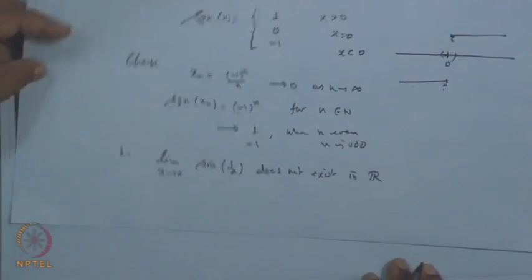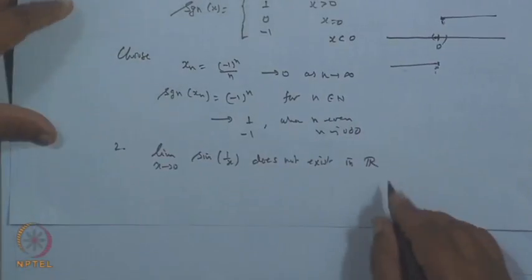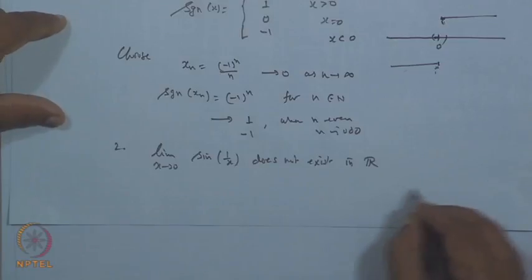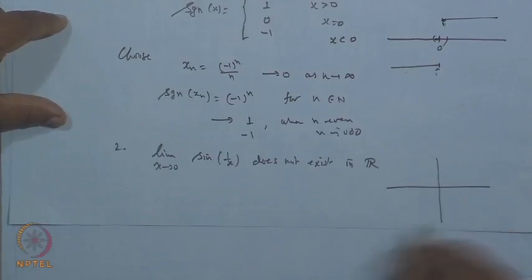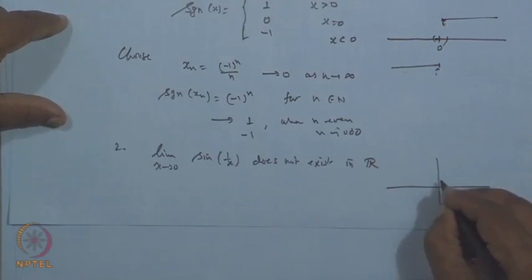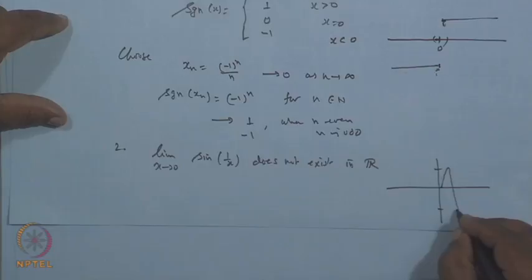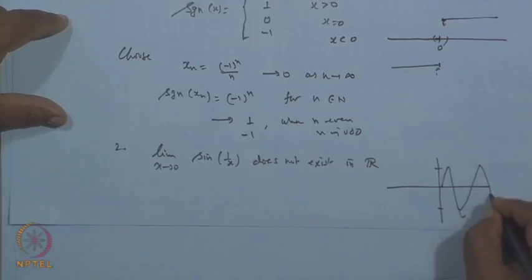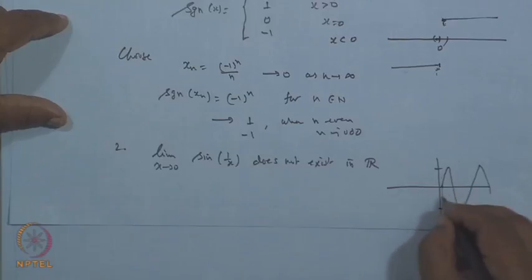Again, the sine function. If I look at the graph of the sine function, it is something like this. This is 0, it goes plus 1 and minus 1 maximum. So we can get this thing, and coming from here and similarly here, but as soon as we approach 0 it fluctuates too much.